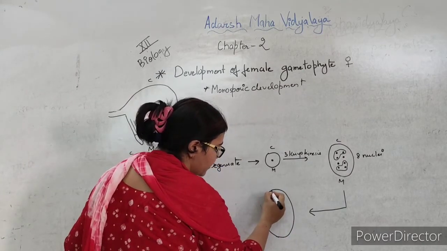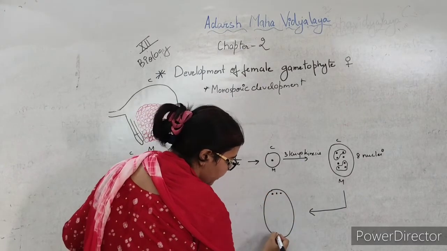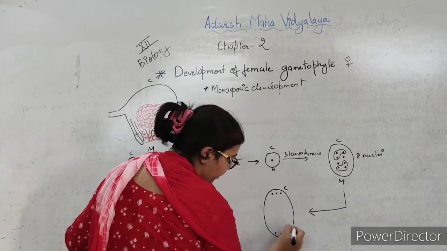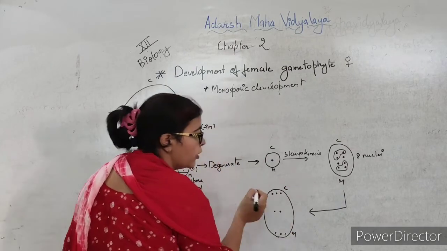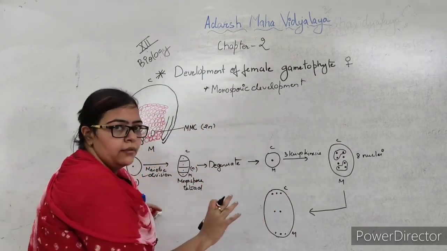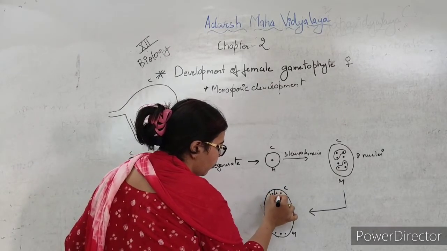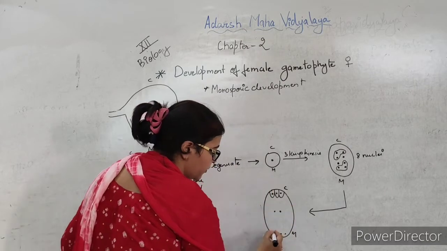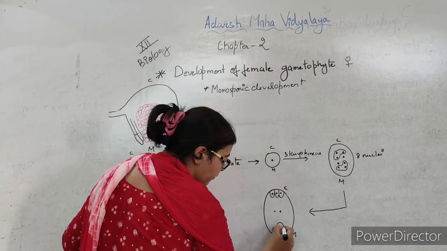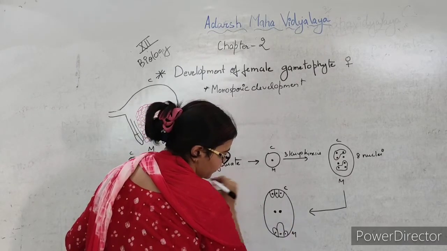Cell formation will occur in the 6 nuclei, so 3 cells are formed at each end, and these 2 nuclei will remain as they are.